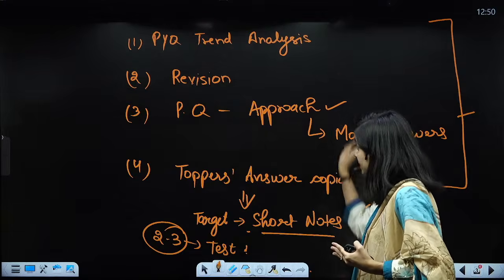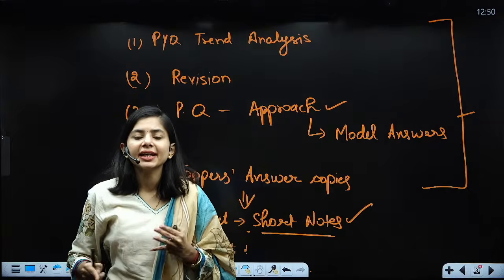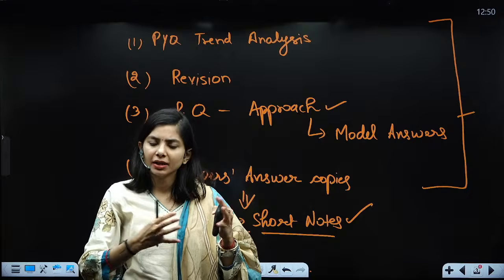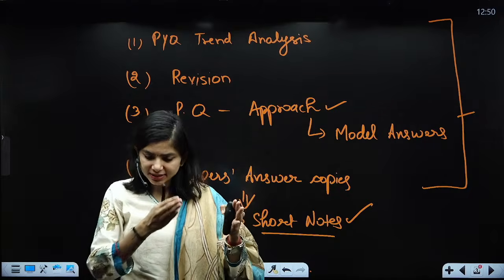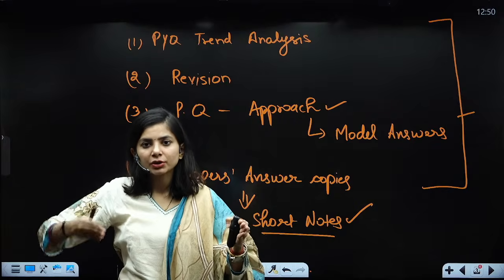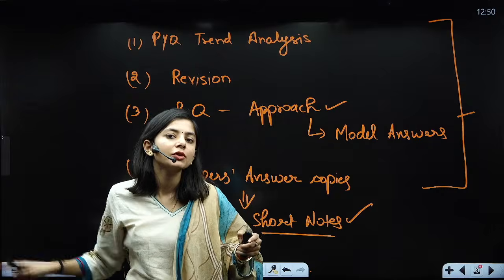So this is the whole plan. There are going to be 29 classes, and within the 29 classes itself, you are going to give the test, then again revision, short notes, test, revision, short notes, test, revision. That's how this whole circle would be completed.